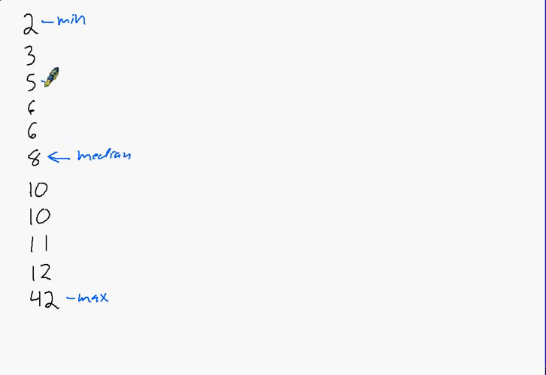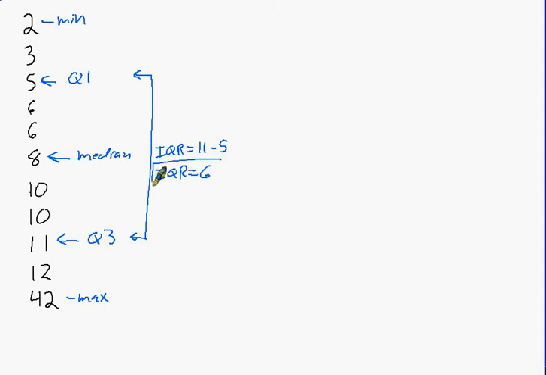And then of course, middle again is first quartile, and middle again is third quartile of these lower 5 and upper 5. So we have our inner quartile range, which we will need. So the IQR is, of course, 11 minus 5. So the IQR is 6.